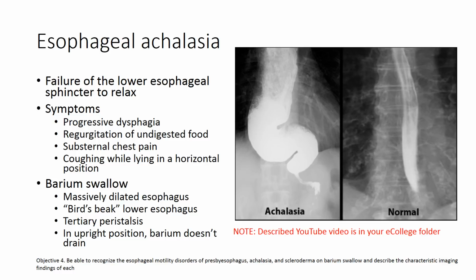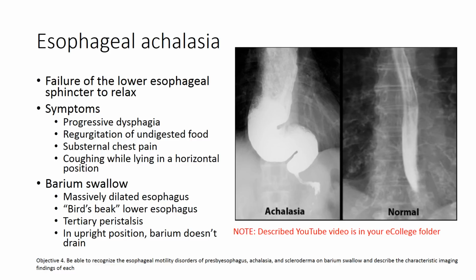Now, when we look at the YouTube video on this, this is a patient in probably fairly early achalasia, but what you can see is that when the patient drinks, the barium sits down in the distal esophagus at this very tight lower esophageal sphincter.